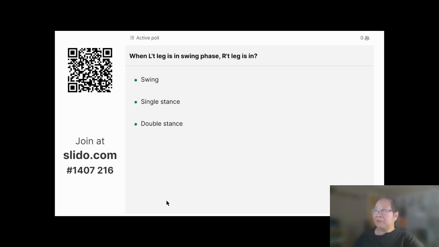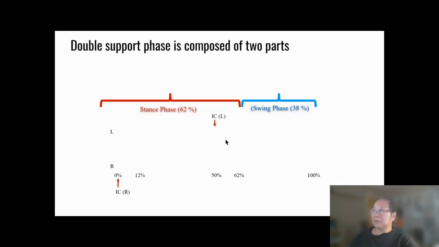So I have a few questions to ask you about the two legs' relationship. Now we're going to talk about the double support phases in two parts.